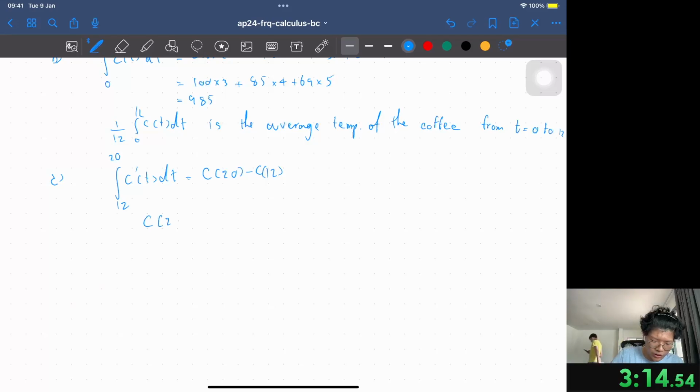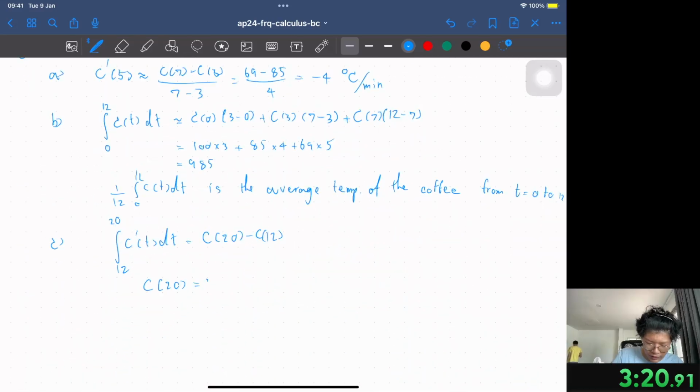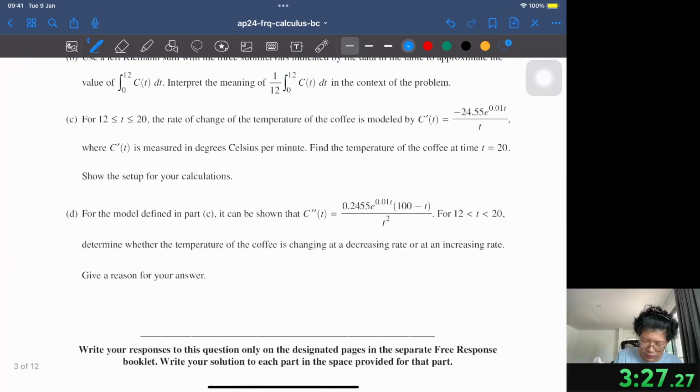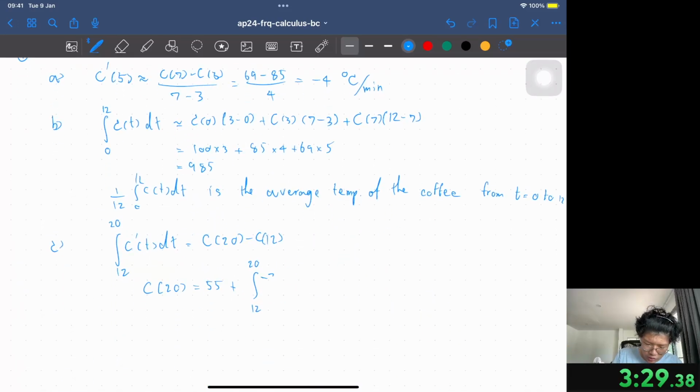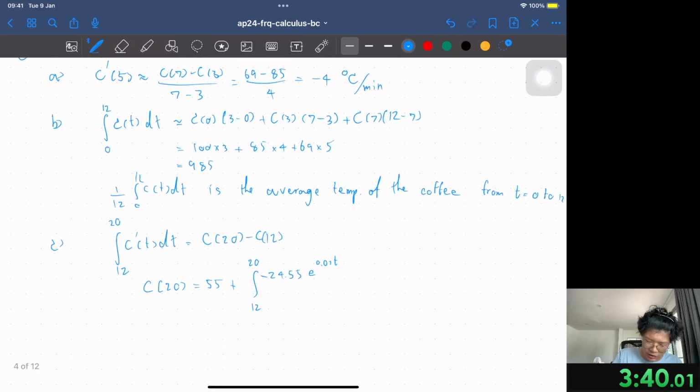So C of 20 is C of 12, which is 55, plus that integral of C prime, which is minus 24.55 times e to the 0.01 t over t, dt.